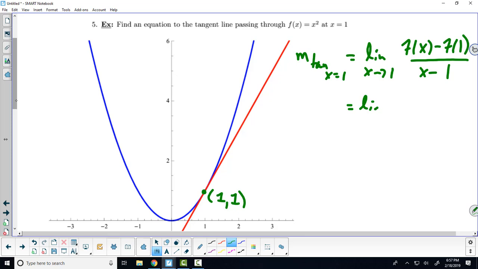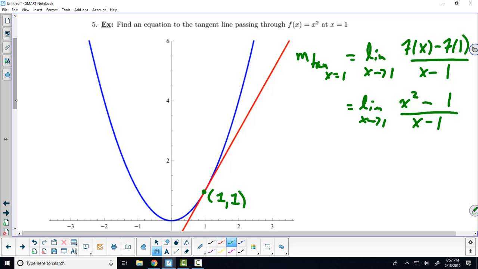Well, this is the limit as x approaches 1 of, what's our function here in this case? Parabolic. Yeah, this is the x squared function. Okay. Minus, what happens when I plug a 1 into the x squared function? You get a 1. I get a 1 all over x minus 1.